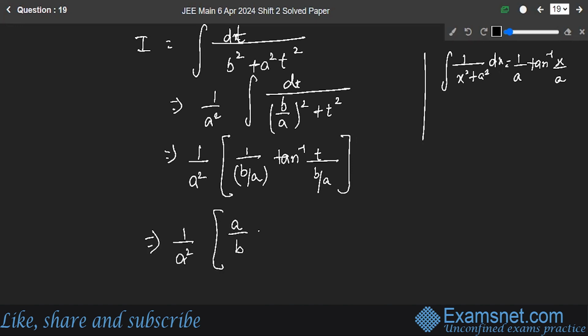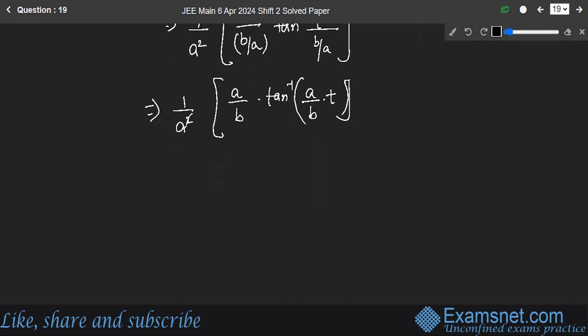This is equal to a upon b tangent inverse a upon b into t. Correct. So this a and this will cancel. This is equal to 1 upon a into b tangent inverse a upon b into t. Now t was equal to tangent of x.